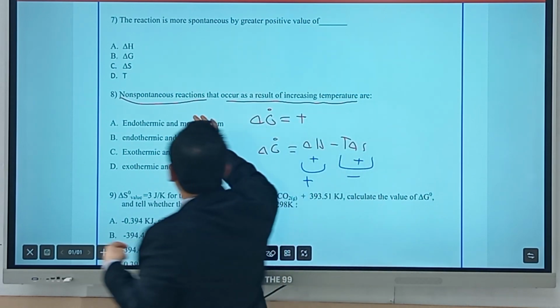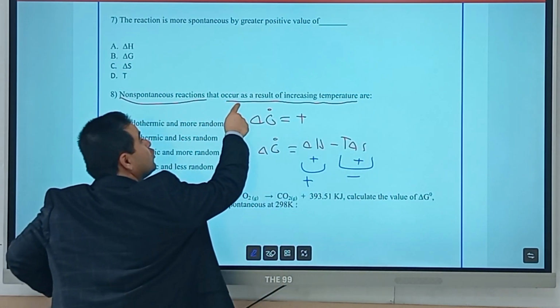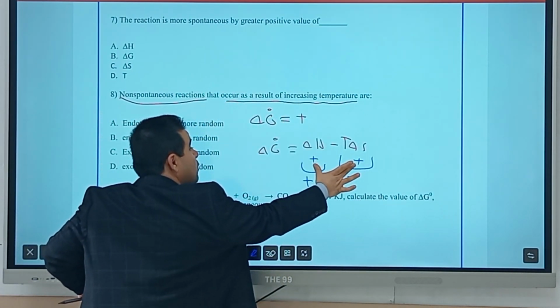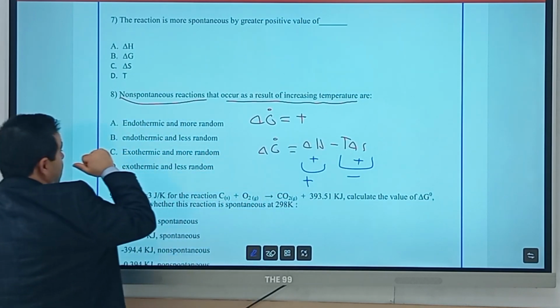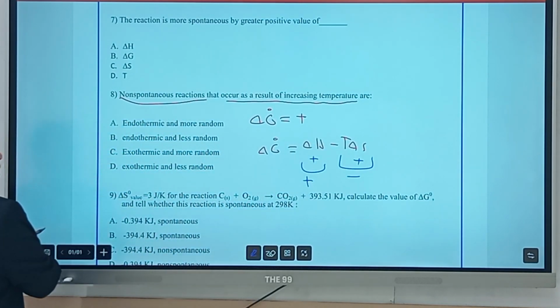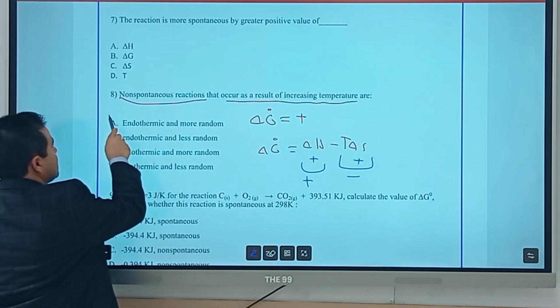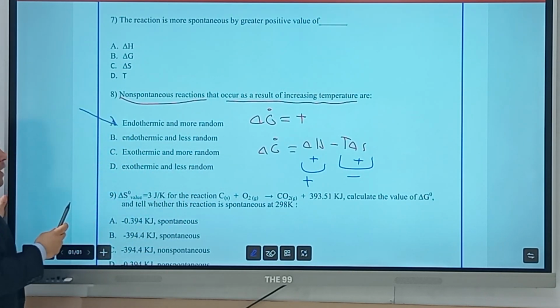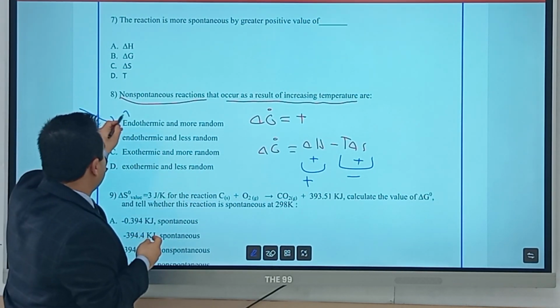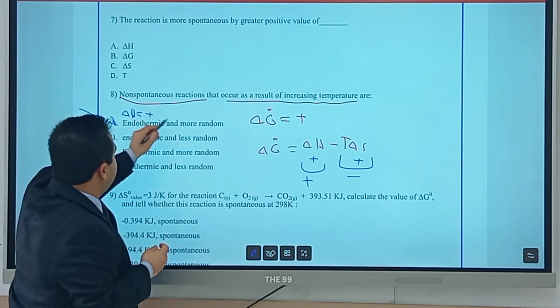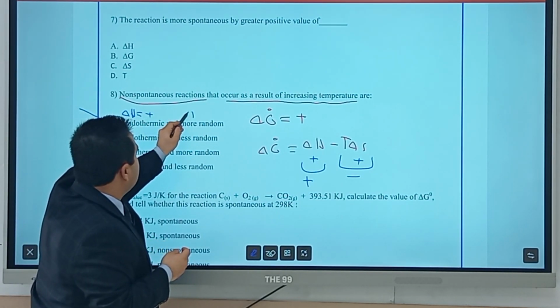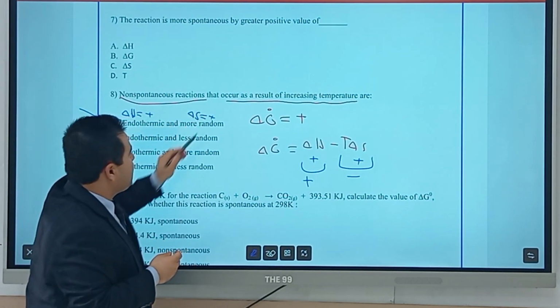So a non-spontaneous reaction that becomes spontaneous as a result of increasing temperature is positive entropy, positive enthalpy. So endothermic and more random. Why? Because endothermic means it has a positive enthalpy, and more random means it has a positive entropy.